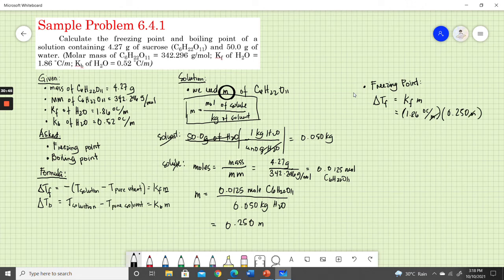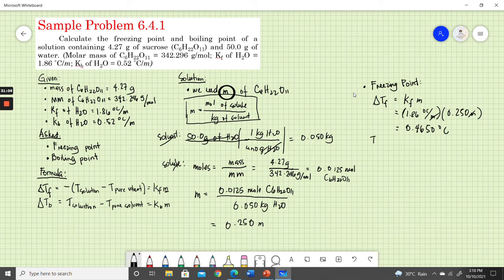Cancel the molal, and that would give us equal to 0.4650 degrees Celsius. So this is not yet the answer because we are looking for the new freezing point. This is just the change.